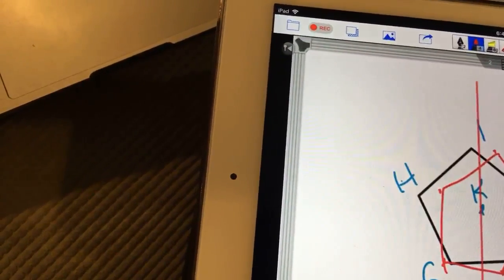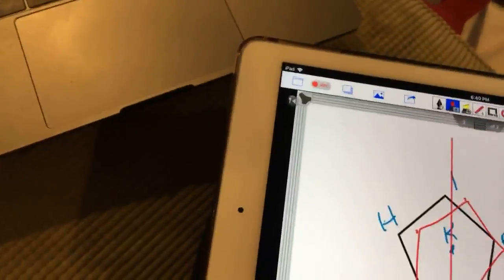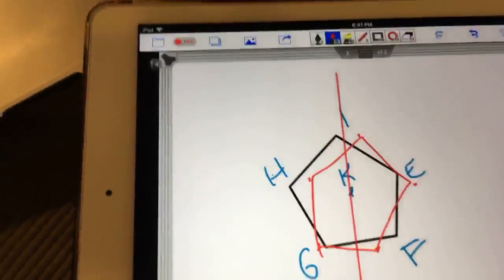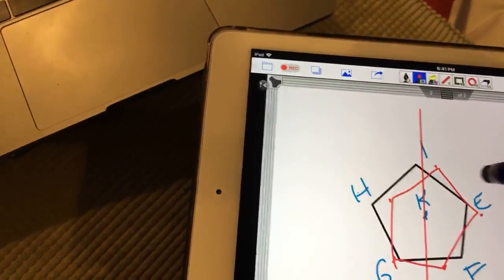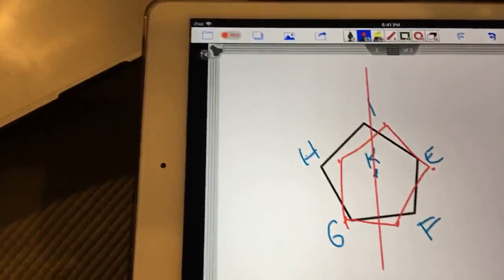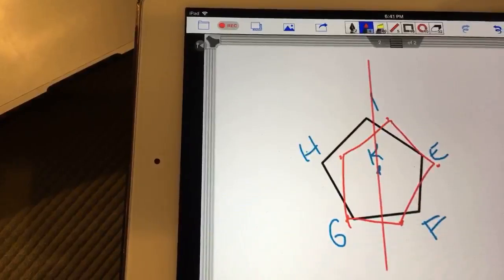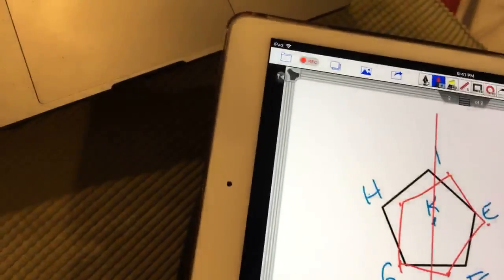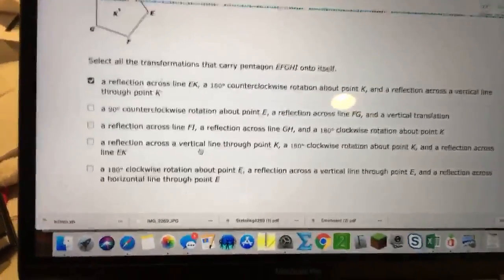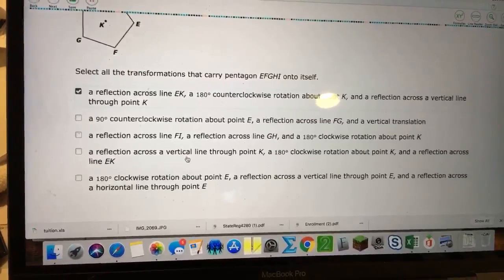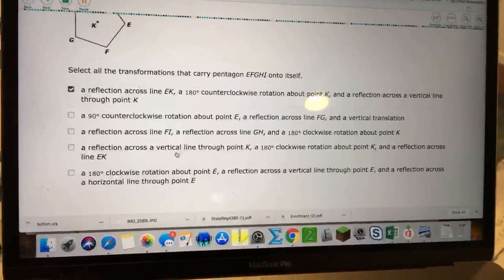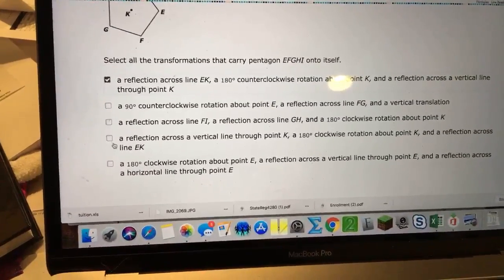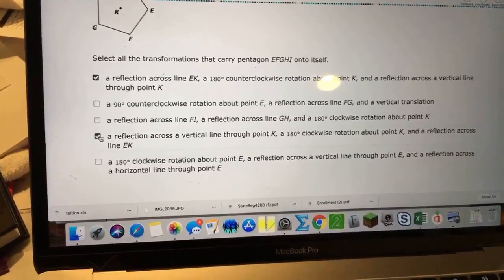A 180 degrees clockwise rotation around point K. So if I reflected it across that vertical line, and then I rotate it 180 degrees, then I'm sort of mapping it back onto itself. And then a reflection across line EK. Well, this is actually very similar to what we did in part A. Okay, so it makes sense that those would result in us getting the same thing.